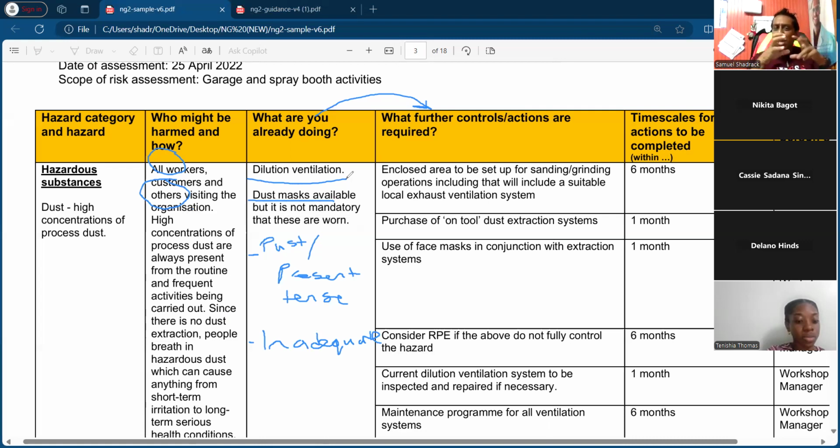So there's always that kind of but. Now, you could use the word inadequate too. Some people use the words not good enough, inadequate, insufficient, but, right?